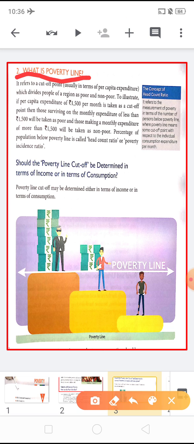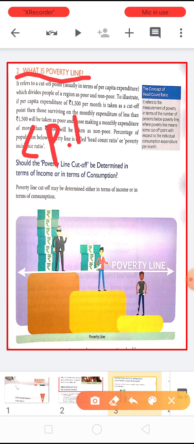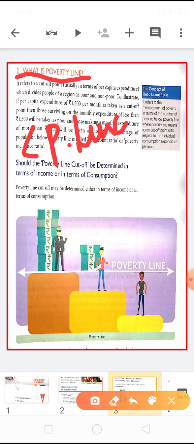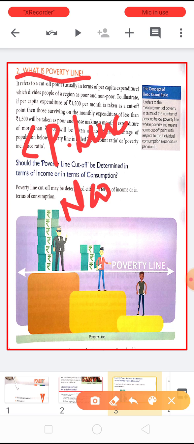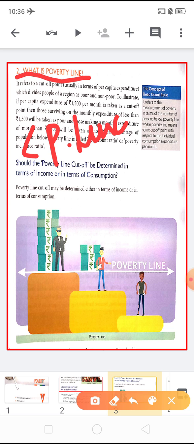People having income below the poverty line are called poor, and the people whose income is just above the poverty line are called non-poor.